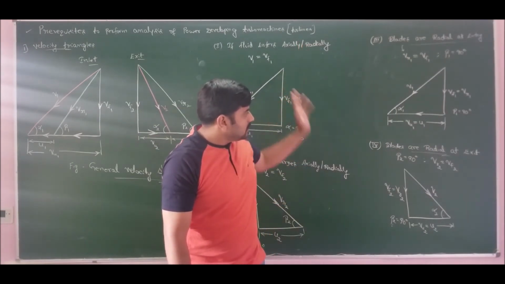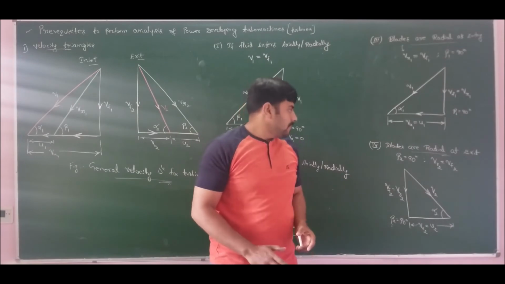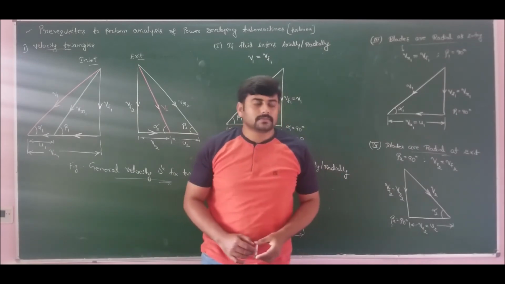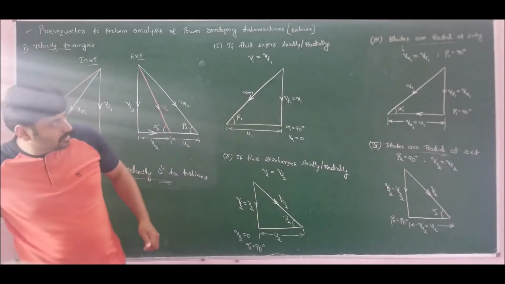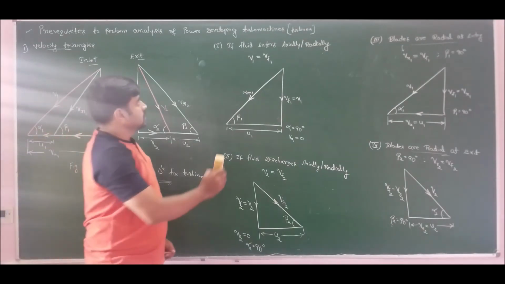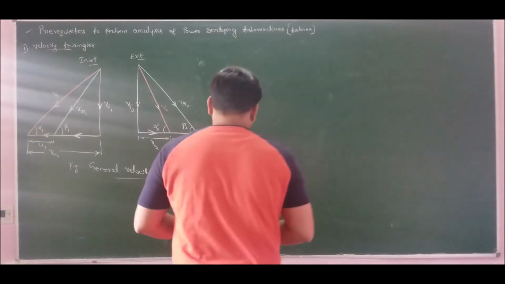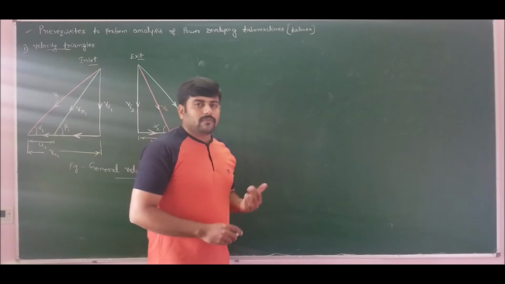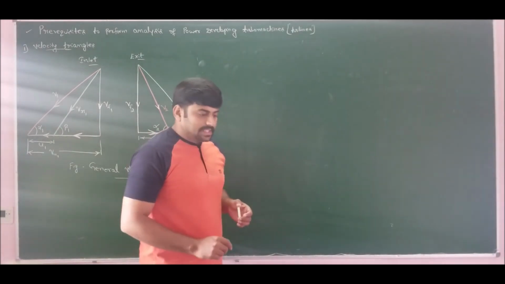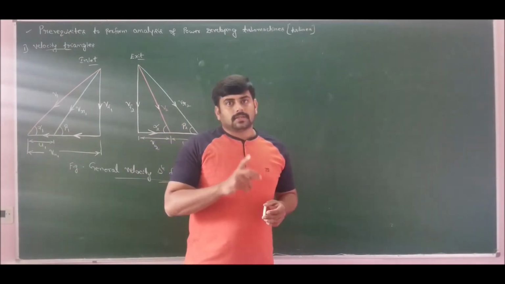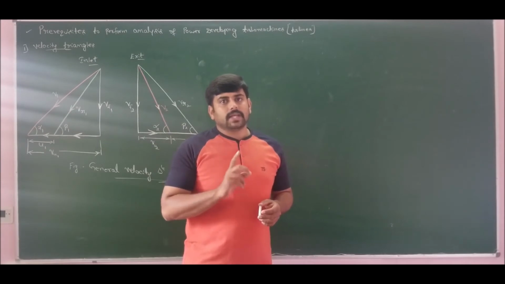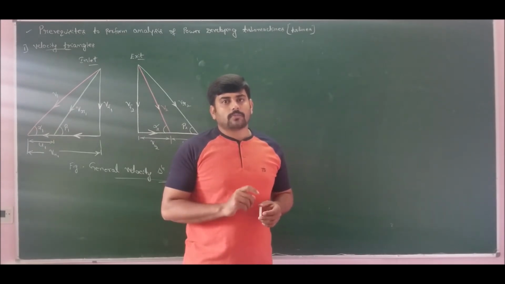So these are the 4 cases. Let us move on to case number 5. Before moving to case 5, I said there is a trick, that is, whatever inlet and exit we are speaking of is with respect to vanes or blades.